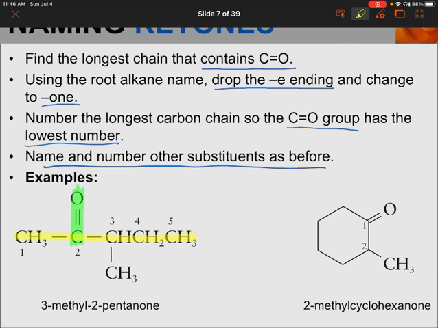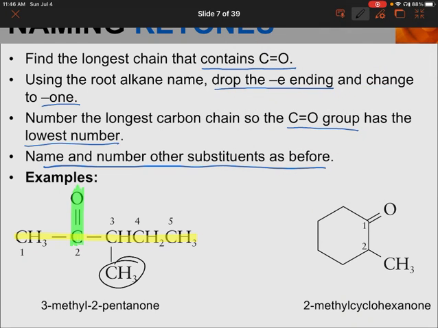And then we have to decide, do we number from right to left or left to right? So we do have 2 functional groups, or 2 groups, I guess, here. We've got our ketone group, the carbonyl group, and then we have this methyl group down below.